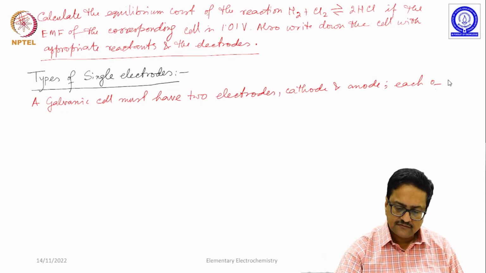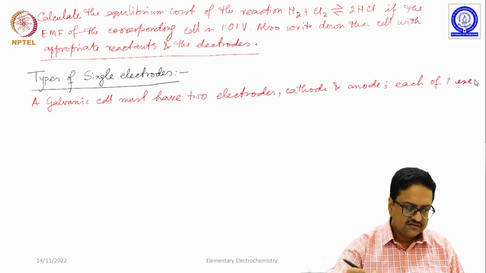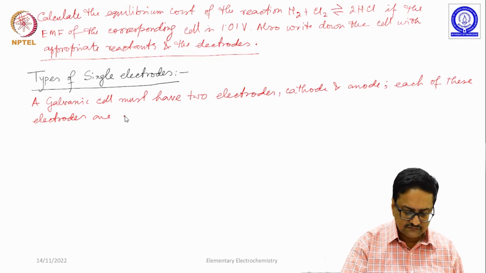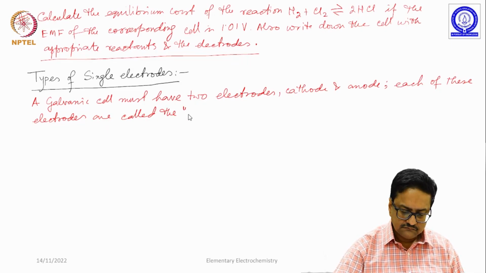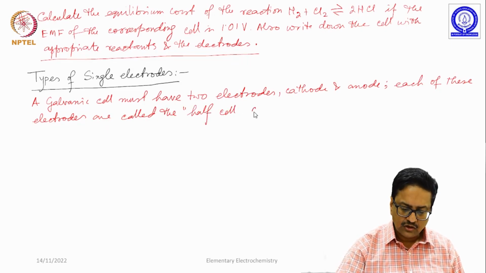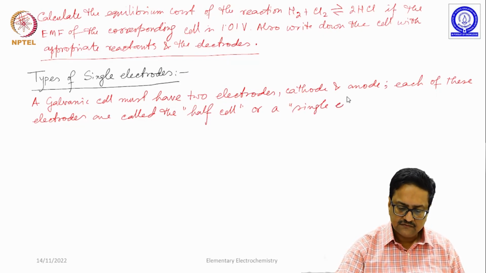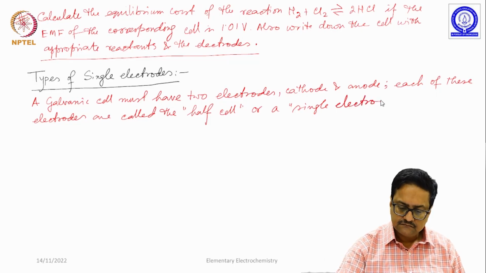Each of these electrodes are called the half cell or a single electrode.